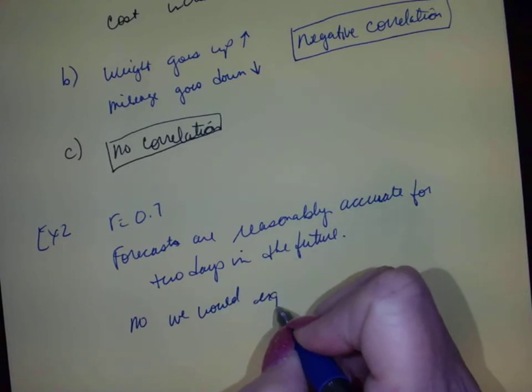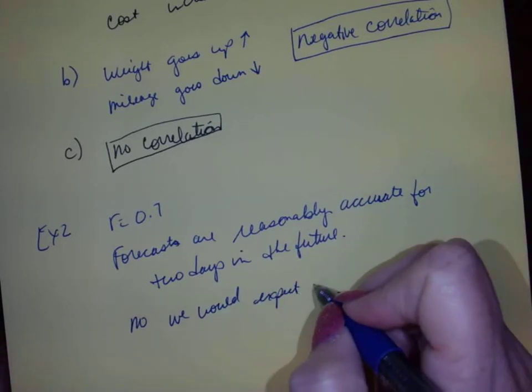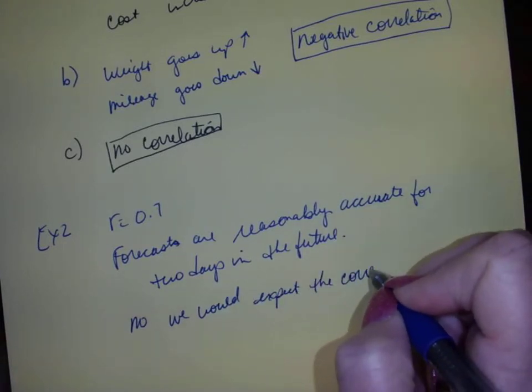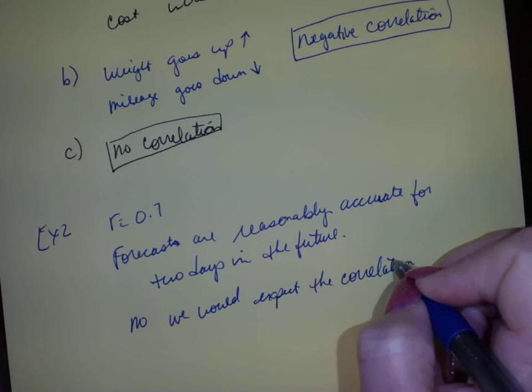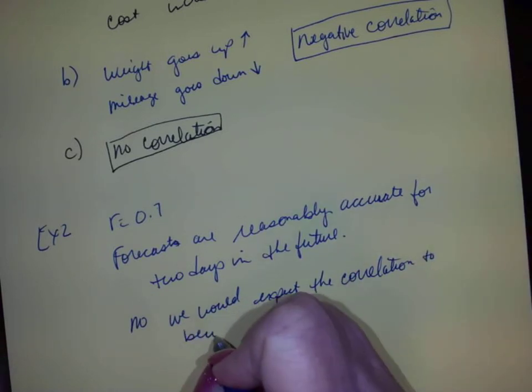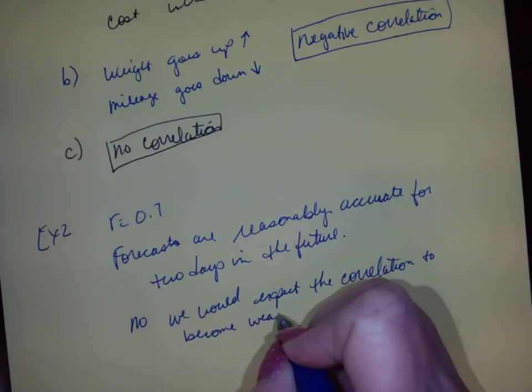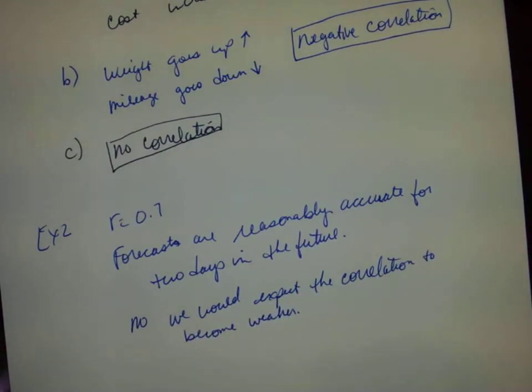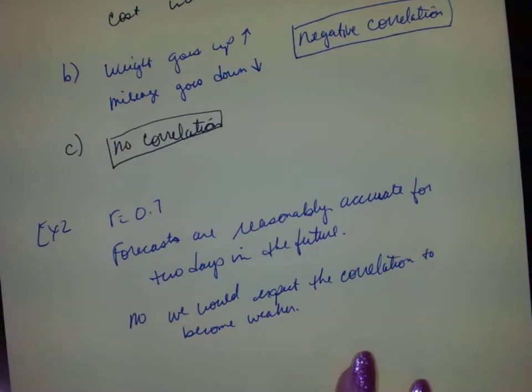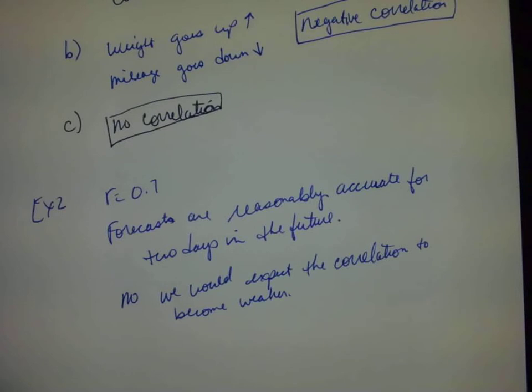We would expect the correlation to become weaker. Sometimes you might hear the weathermen talking about, we'll know more about where it's actually going to go when we get within like 2 days out. We can anticipate now, but we won't know for sure for a little bit, because it's more and more difficult to see what the storm is going to do.